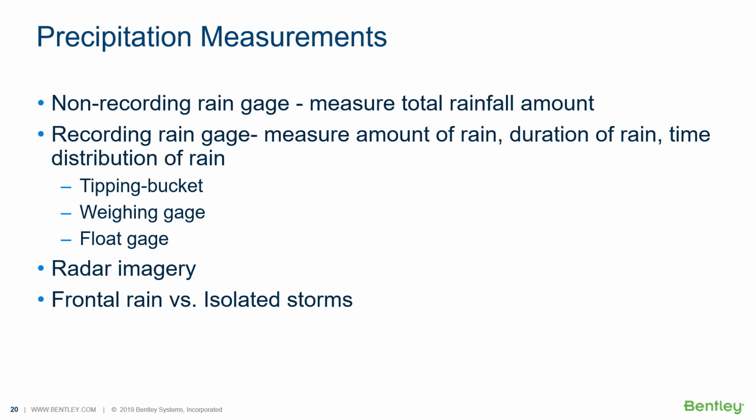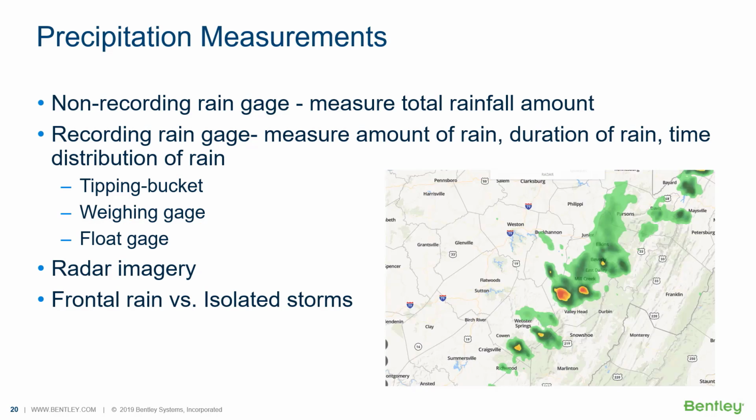These isolated thunderstorms can be really variable, and they can play havoc in your model calibration. So to the extent possible, you'd like to rely on big frontal rains where the whole area is a uniform shade of green as opposed to these spot thunderstorms.